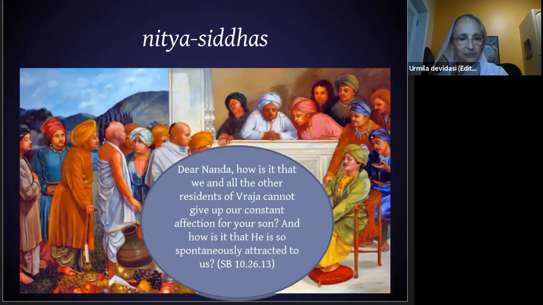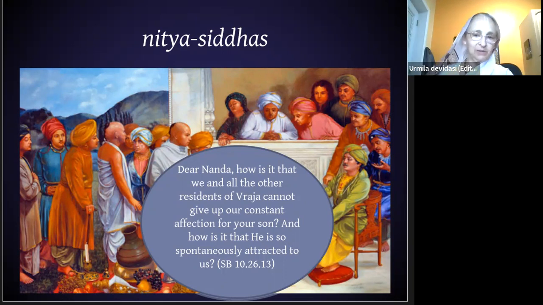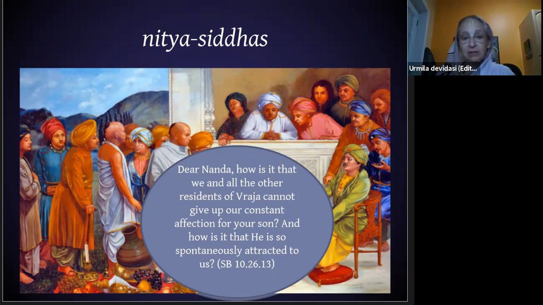Now, this is very interesting evidence that Rupa gives for the fact that these devotees are nitya siddhas. When the cowherd men go to Nanda, and of course this is in reference to the lifting of Govardhan Hill, they're trying to understand who Krishna is. And so they say, how is it that we and all the other residents of Vraja cannot give up our constant affection for your son?